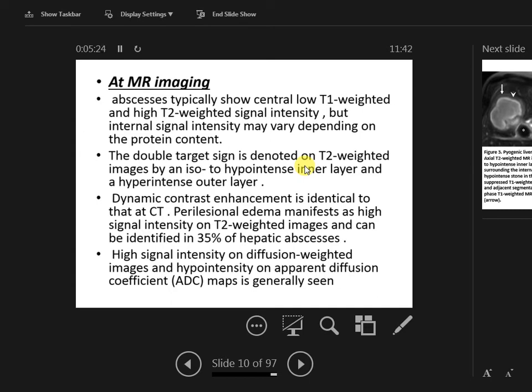At MRI, the abscess is seen as low signal intensity in T1 and high in T2. The wall of an abscess will be hypointense in both T1 and T2. In diffusion weighted MRI, it will show restricted diffusion.